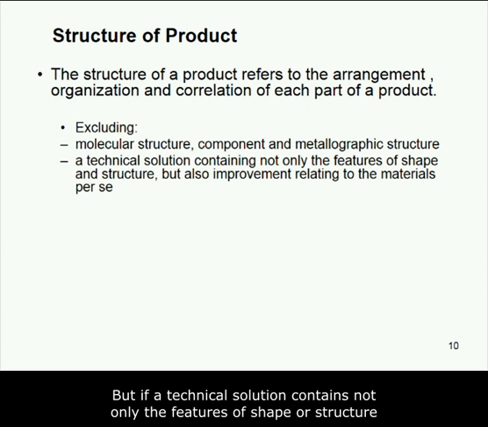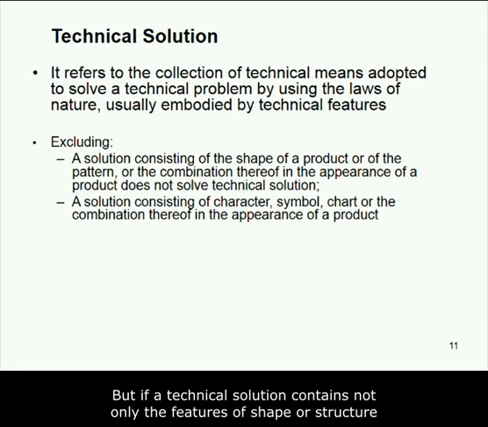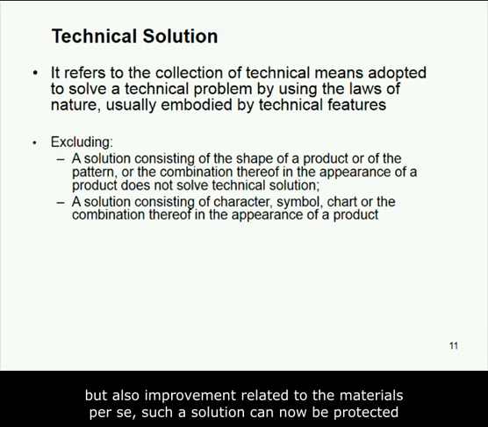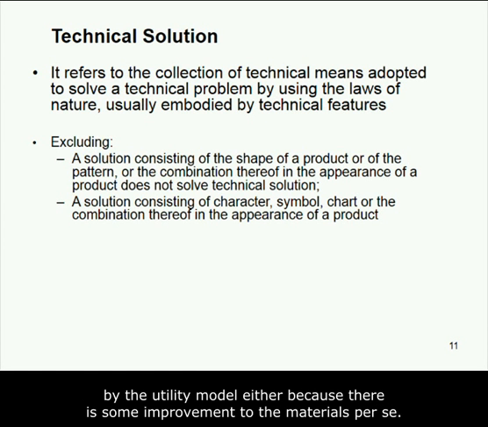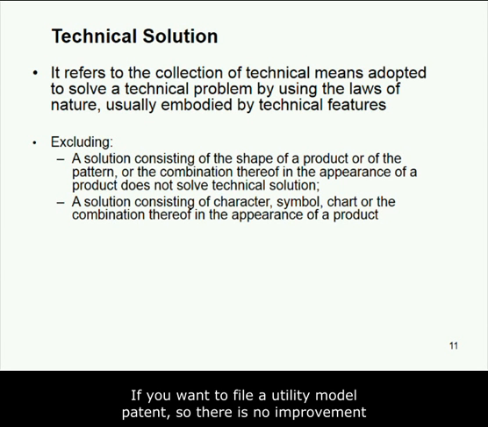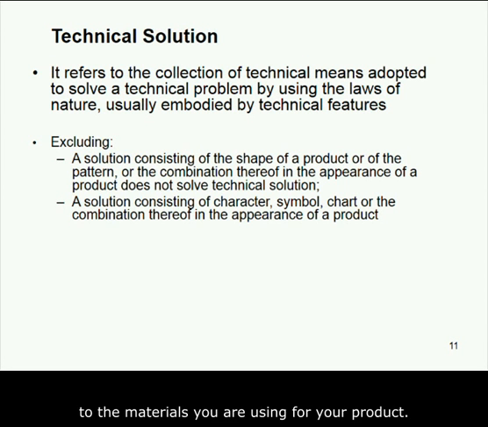So if a technical solution contains not only the features of shape or structure, but also improvement related to the materials per se, such a solution cannot be protected by the utility model either, because there is some improvement related to the materials per se. If you want to file a utility model patent, there should be no improvement to the materials you are using for your product.